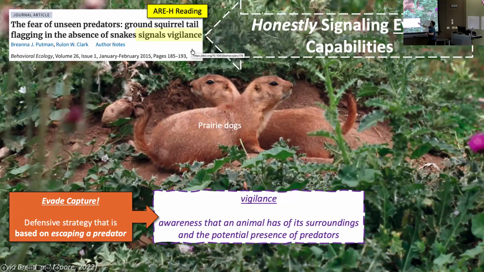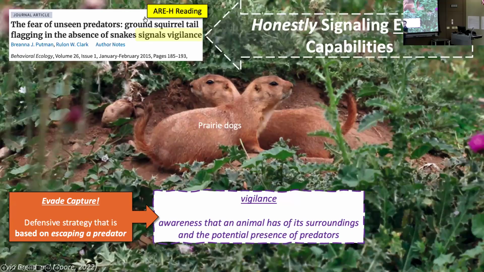So they think that these prairie dogs or ground squirrels in this article will occasionally give their own version of this tail flagging, which is a little bit like an alarm call, even when there aren't predators that are obviously around. And that's making them more conspicuous to the predator, which seems like it's costly.